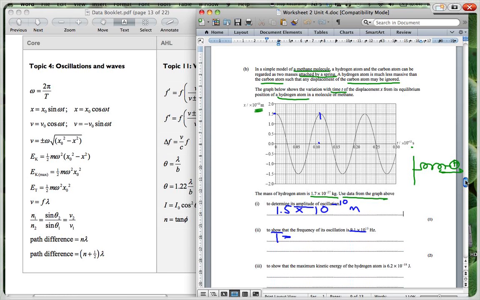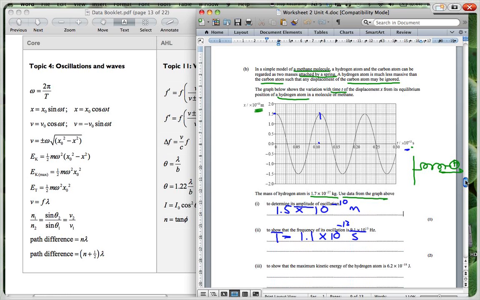So we've got about 1.1, if I'm reading it correctly, times, and here we've got to be careful, 10 to the minus 13, sorry, minus 12. Alright, well, so it's 10 to the minus 13 seconds.